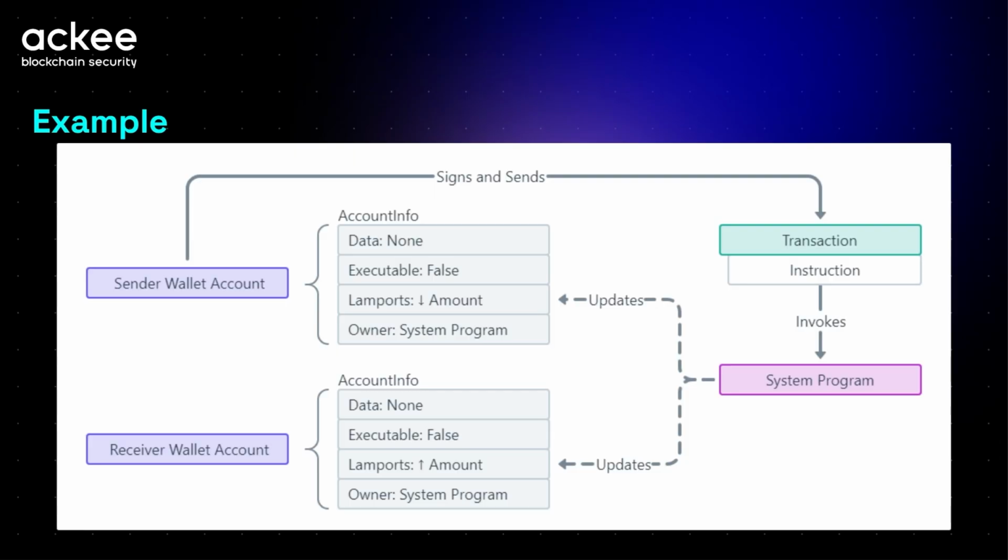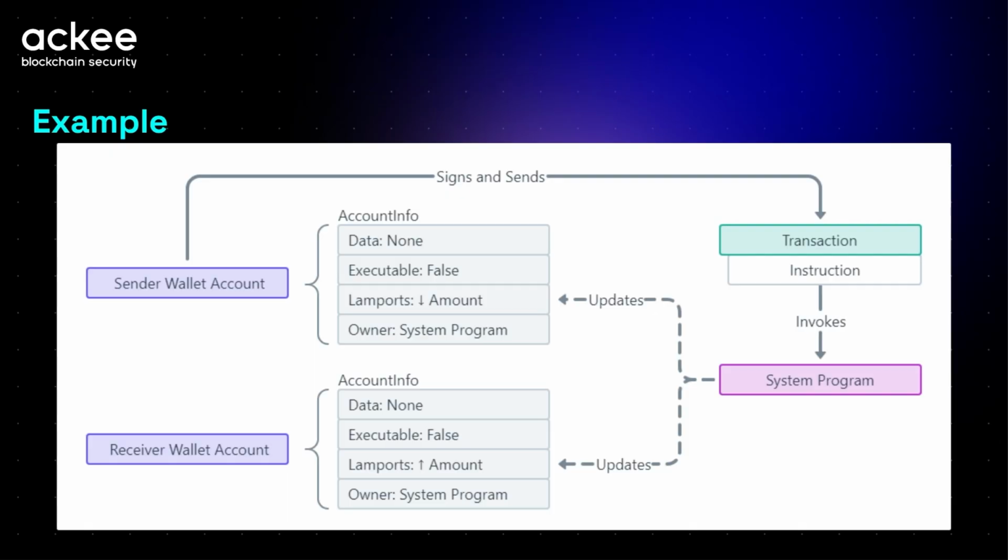I was talking about the key points in the accounts, and there was a point that only the account owner can modify the account fields. This is a great example of that. You can see the owner of both of the accounts is the system program.